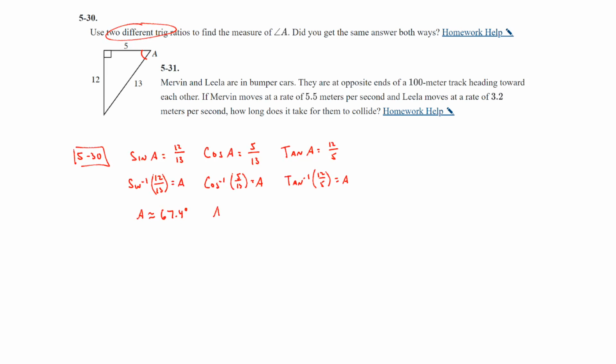And then when you do inverse cosine, you'll get A is approximately, exactly the same, 67.4 degrees. And the inverse tangent, once again, is approximately 67.4 degrees. So any of those three can be used to find the measure of angle A.